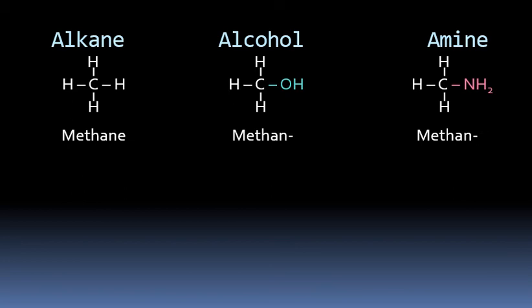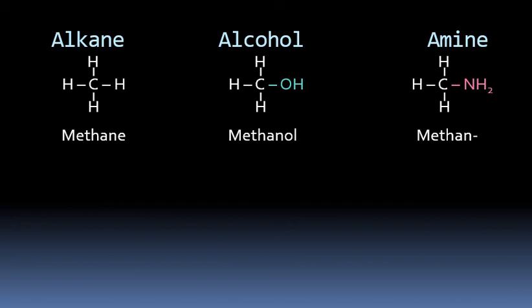Let's take our methane molecule, but substitute one of those hydrogens for an OH group, or an alcohol. When you are naming an alcohol, you take the root word, which in this case would be methane, because we have a single carbon, and we replace the E with an OL suffix. So in this case, we went from methane, an alkane, to methanol, where an OH group is substituted onto the molecule.